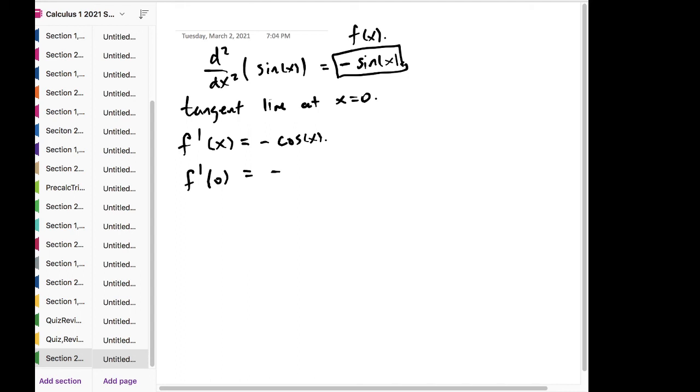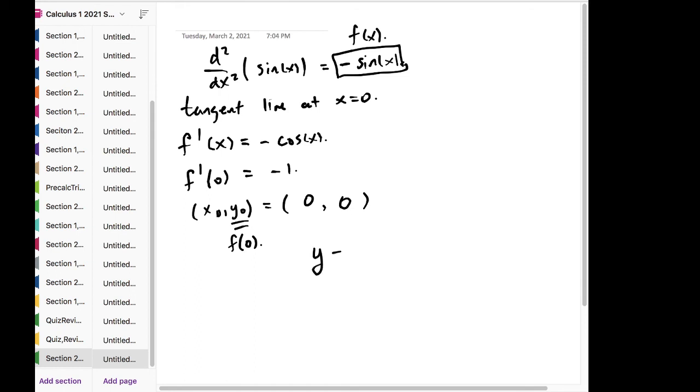Negative 1. And now what is my point? Zero, remember, where do you plug it in? You plug it into f of x, not f prime. All right, so this is f of 0. So what's the equation of the tangent line?